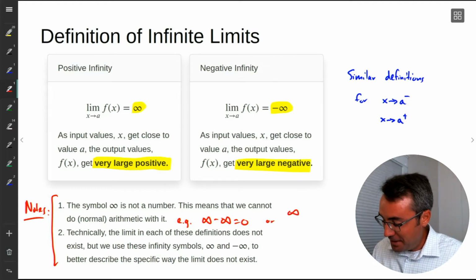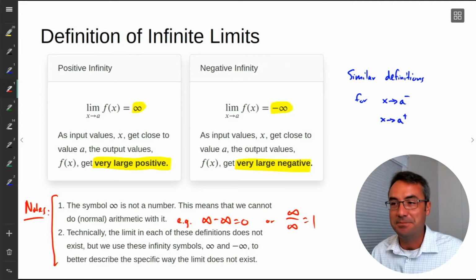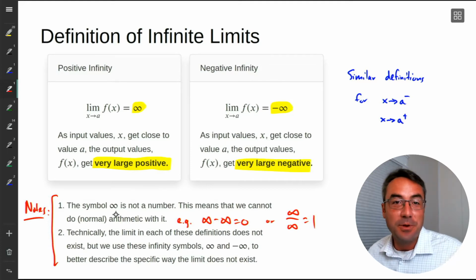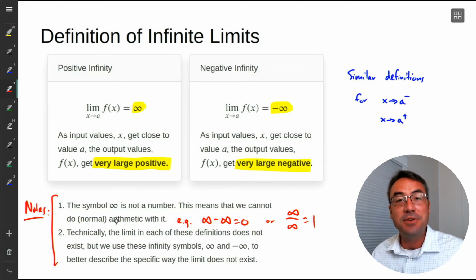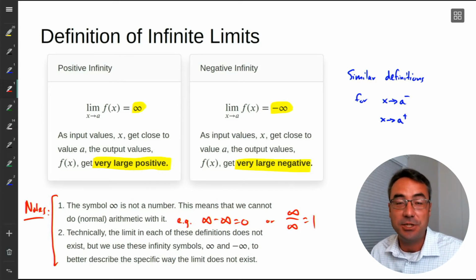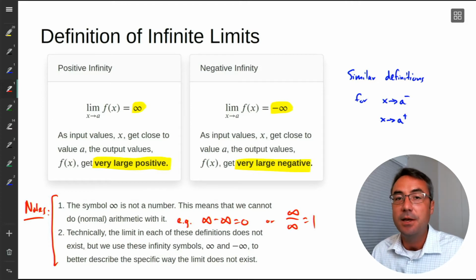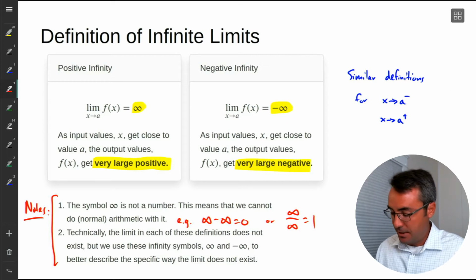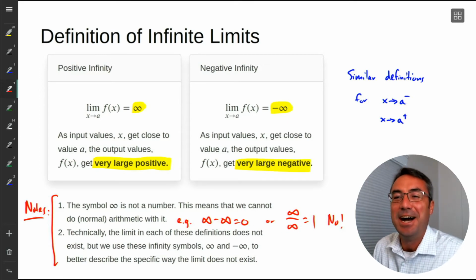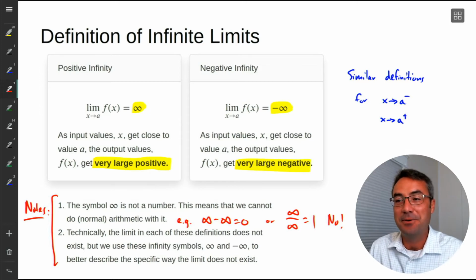Or infinity divided by infinity is equal to 1. No. I don't want to see that either. So we can't do normal arithmetic with infinity. So think of it just like a symbol, where it's just a statement. It's just a notation that we're using. It's not like a number that we can do regular arithmetic with. So we just want to be careful about that. So no for both of these. I don't want to see this. We'll see how to deal with that later on. But for right now, that should be a red flag.